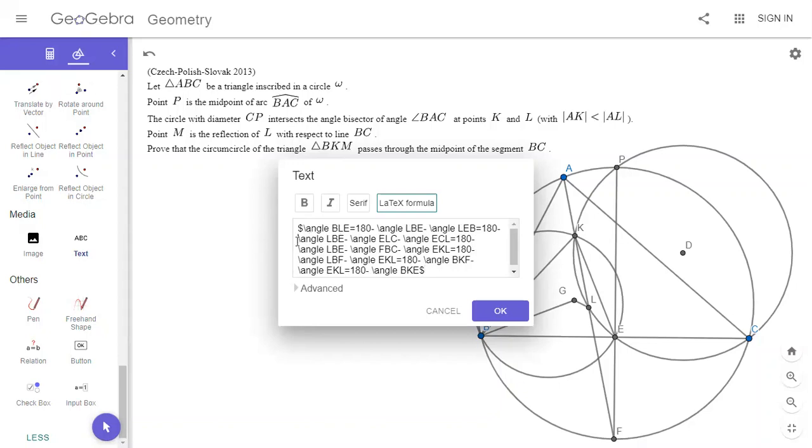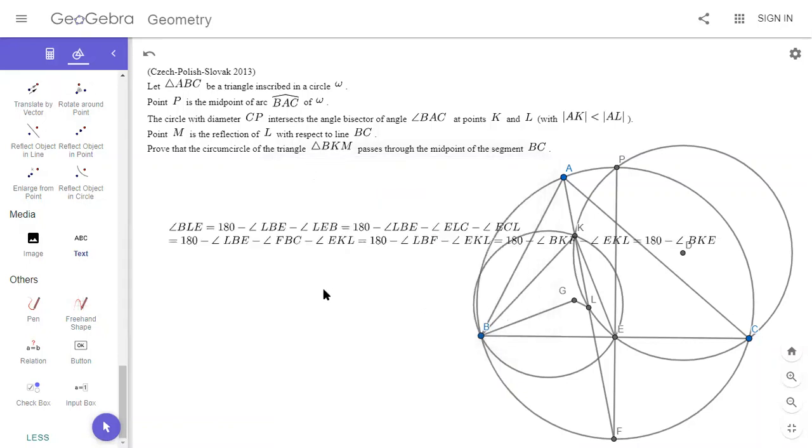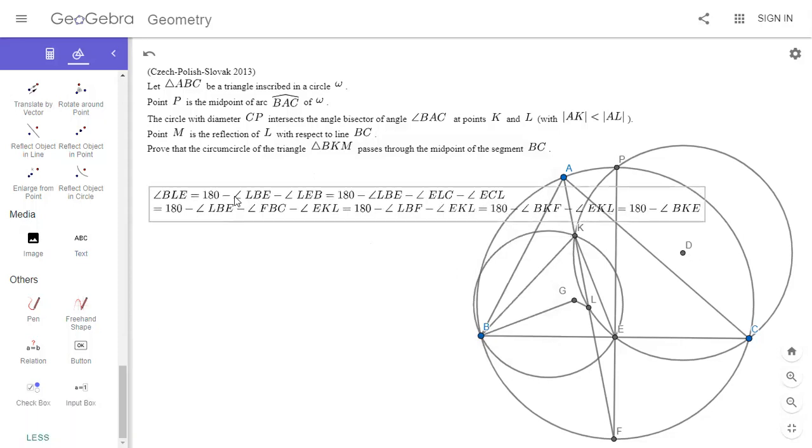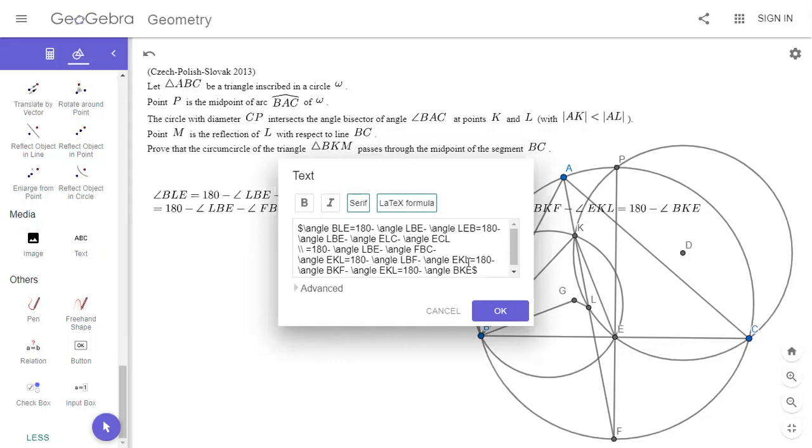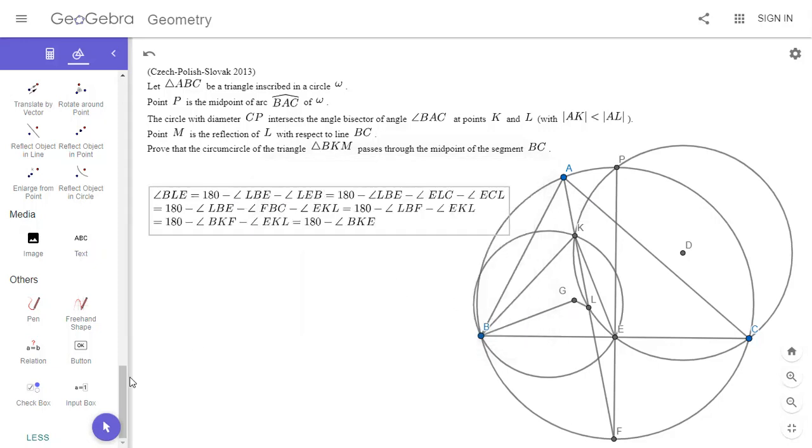Let's see how well this works. All right, so BLE is 180 minus LBE minus LEB, 180 minus LBE minus ELC minus ECL.